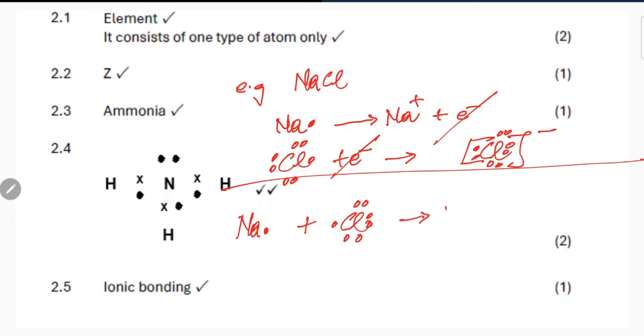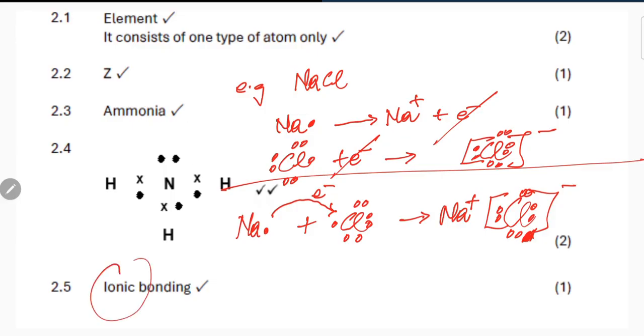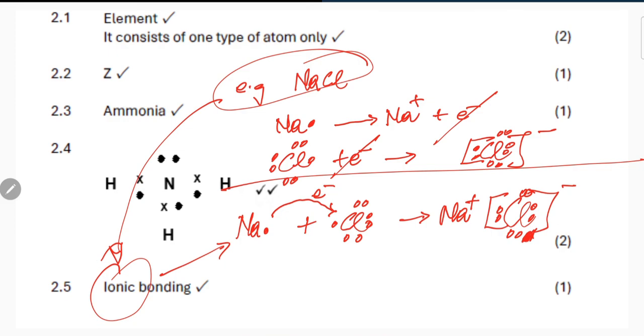Then now we get sodium ion and then Cl. So sodium will transfer an electron. Because we talk about this ionic bond, transfer of electrons, this is how we represent ionic bond. Okay, this one is an ionic bonding example.